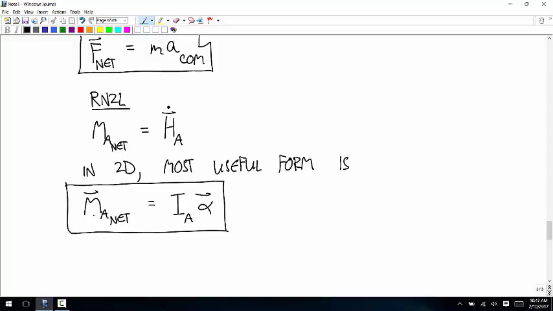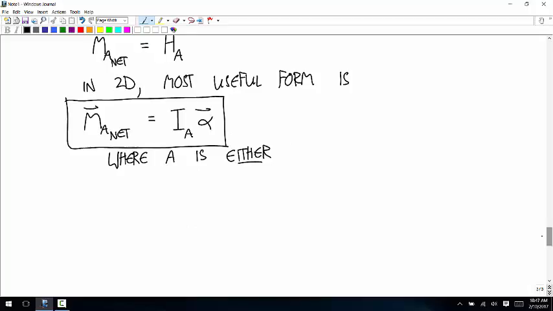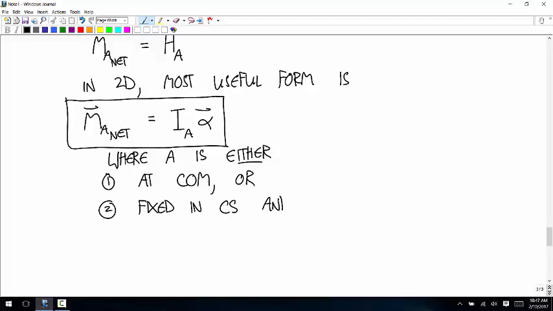We're severely limited in dynamics with what we can choose as an about point. So this A has to be either one of two things. It has to be at the object's center of mass, or it has to be fixed in the coordinate system and the body.